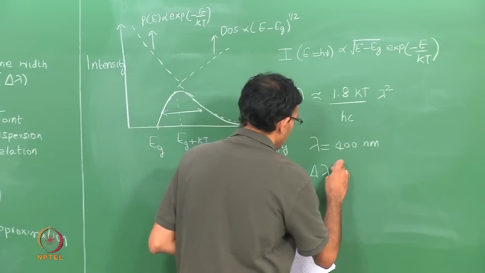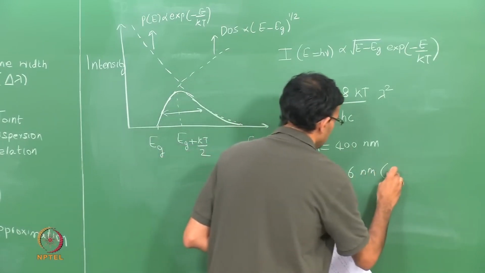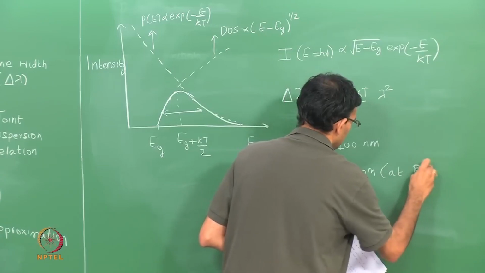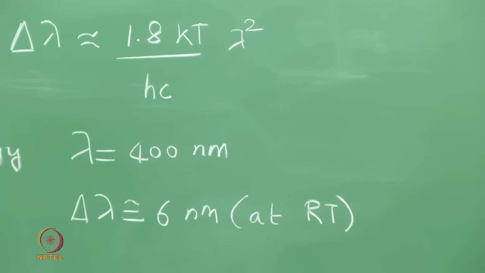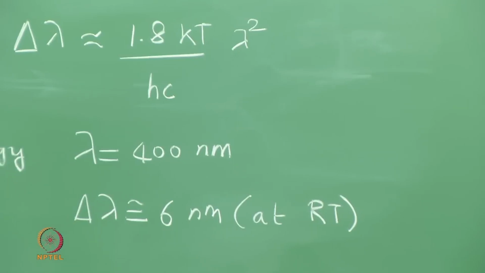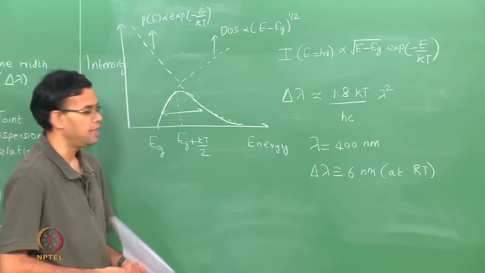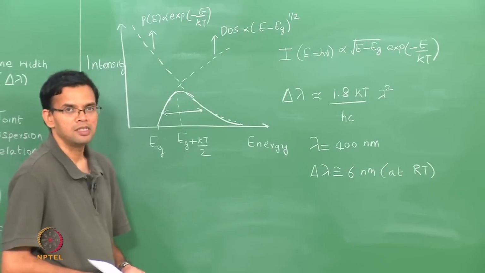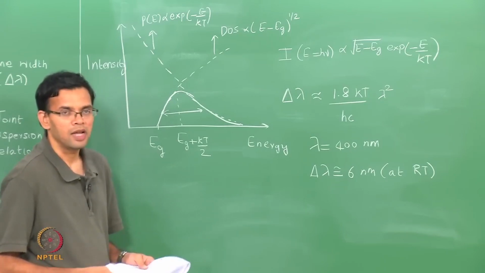So delta lambda is approximately 6 nanometers at room temperature. So if we have different LED materials, we can basically have light of different wavelengths. The wavelength is going to depend upon the band gap of the LED material.